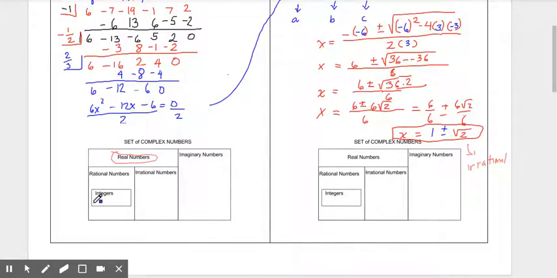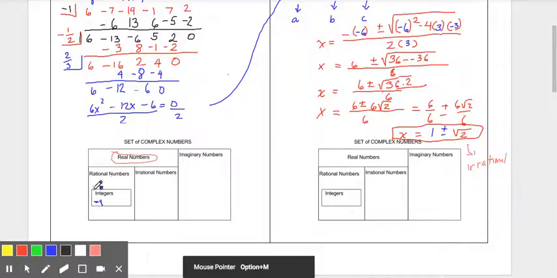If it's a whole number, we can classify it as an integer. So we'll put -1 here inside the set of integers. Now, -1/2 is also a rational number, but it's not an integer because it's not a whole number. So that's going to be still inside this box, but it will be outside of the integers.